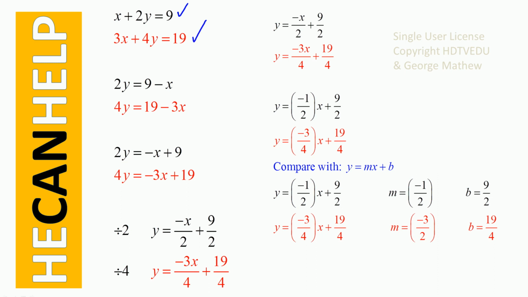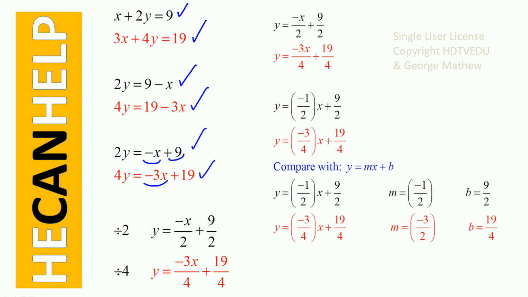So we have to rearrange it and make it look like 2y equals 9 minus x, 4y equals 19 minus 3x. Shift x to the left, and you have 9. Shift negative 3x to the left, and you have negative 3x plus 19. Divide the first equation by 2, and divide the next one by 4.